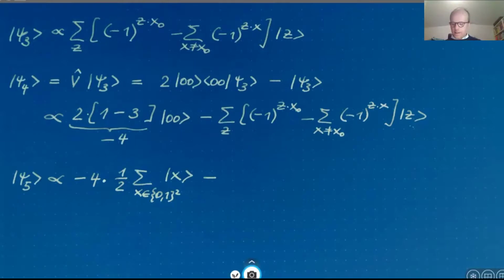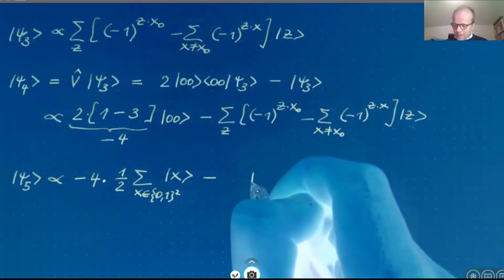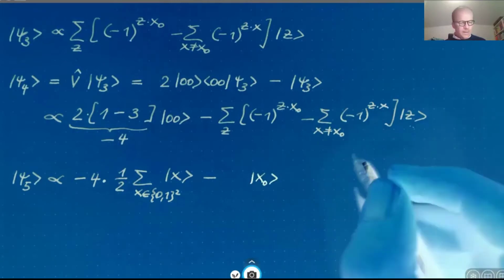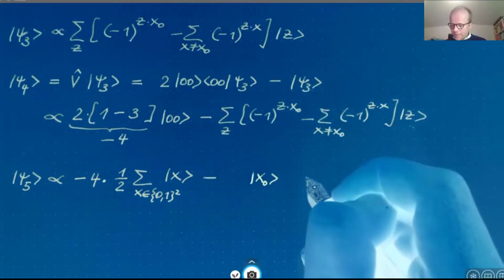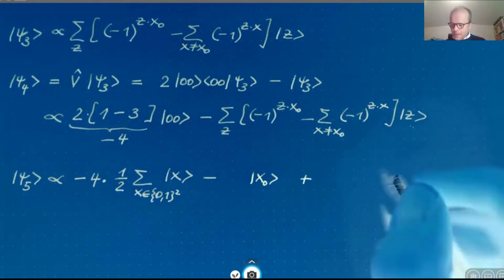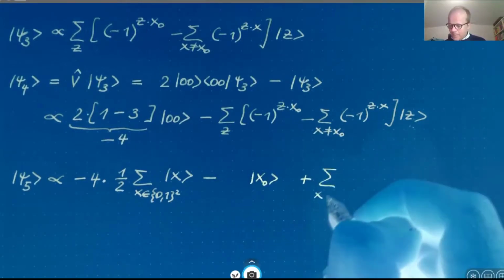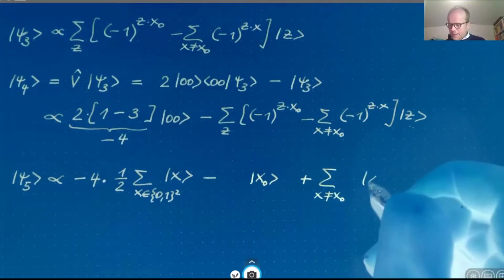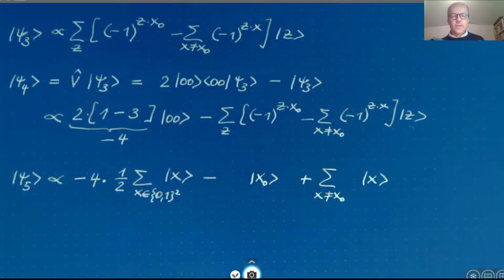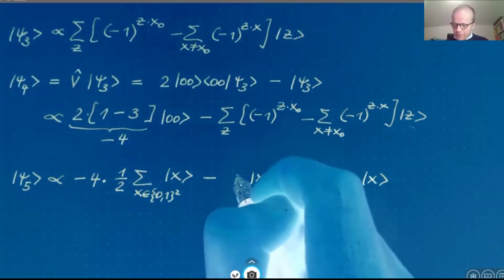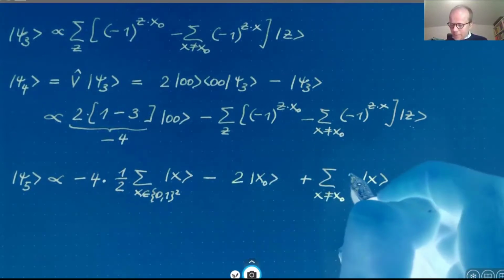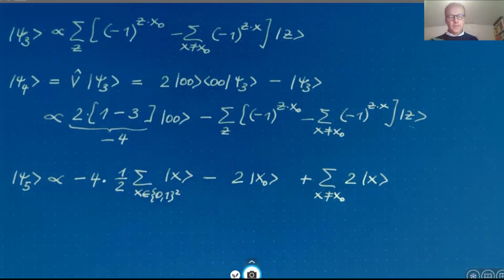So we are going back to the state x0, and here, if I multiply out the bracket, the state x. So basically we are reversing the original Hadamard transformation. However, along the way, there's a numerical prefactor, a normalization factor that we have to take into account. It's a factor of 2. So this is necessary to get the right normalization.